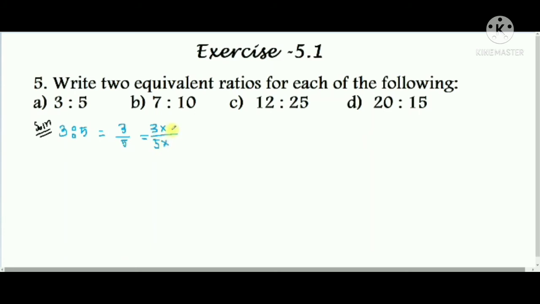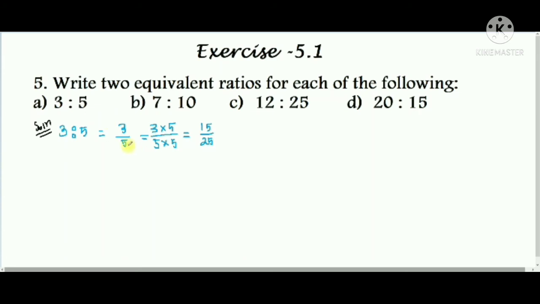If you multiply the numerator by 5, then you also have to multiply the denominator by the same number, 5. So this one is a fraction now: 3 times 5 is 15, and 5 times 5 is 25. If you multiply the numerator by a number, you also have to multiply the denominator by the same number. So this is the equivalent fraction of 3/5.